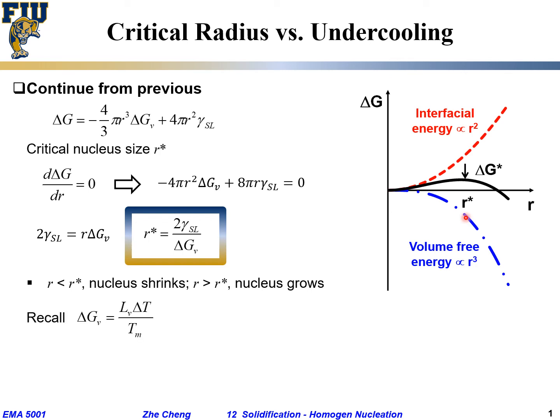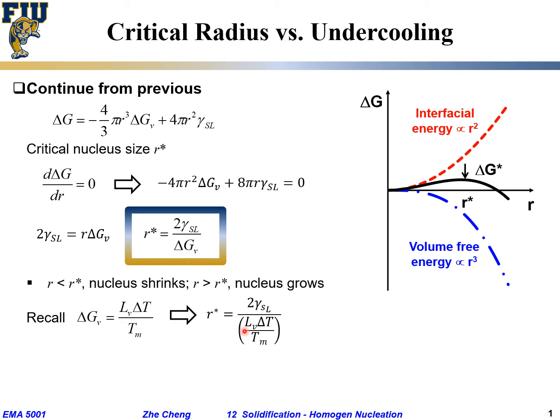And if we recall, what is delta GV? The volume free energy change from liquid to solid is a function of delta T, the undercooling, proportional to delta T. Then if we plug this relationship back into r star, what would we get? r star would still be 2 times gamma divided by this delta GV term.